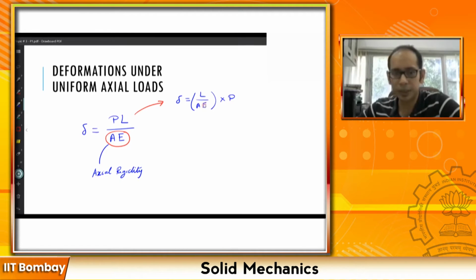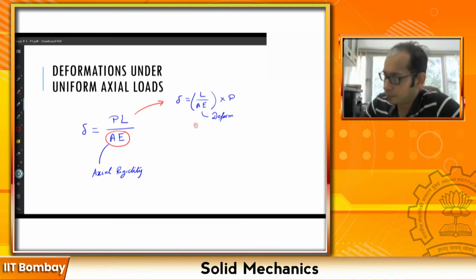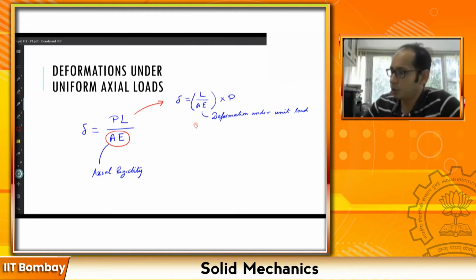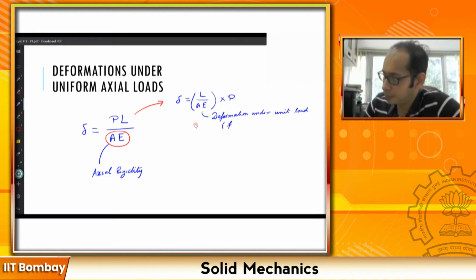So this quantity L over AE is nothing but deformation under unit load, right? And it's also known as flexibility, designated by the symbol F.